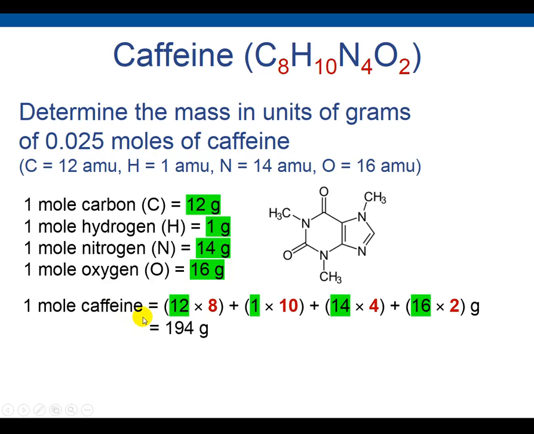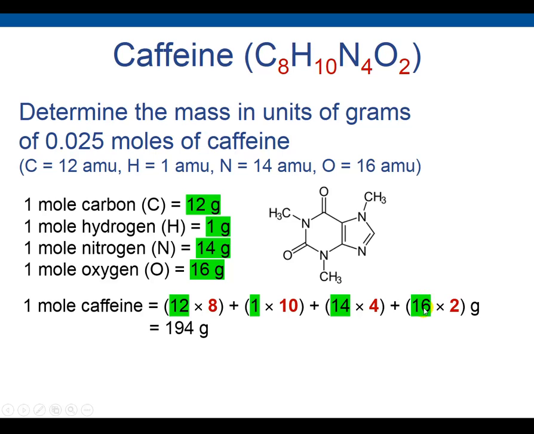1 mole of caffeine is 12 gram for carbon, and we have 8 carbons, right? And 1 gram of hydrogen, and we should have 10 hydrogen. 14 gram for 1 mole of nitrogen, and we should have 4 nitrogen.